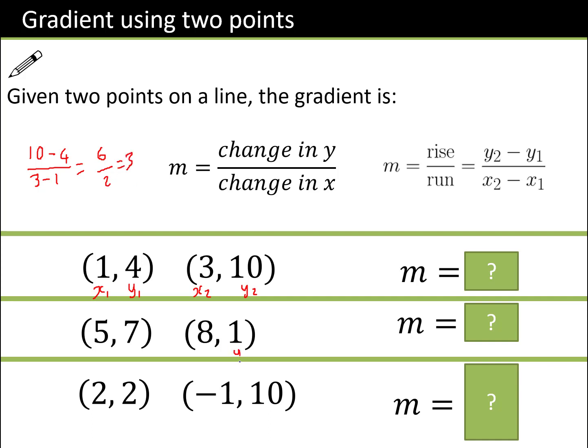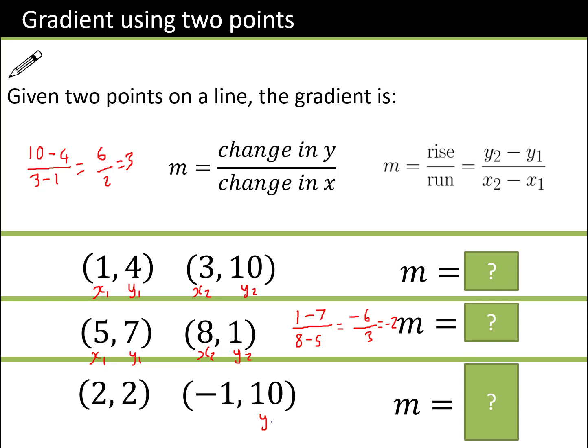Let's try this one. This is y2, y1, x2, x1. So now we get 1, because that's y2, minus y1, 7, divided by 8, that's x2, minus the first x coordinate, minus 5. This is where your negative numbers have to be good. So that becomes minus 6 over 3, which equals minus 2.